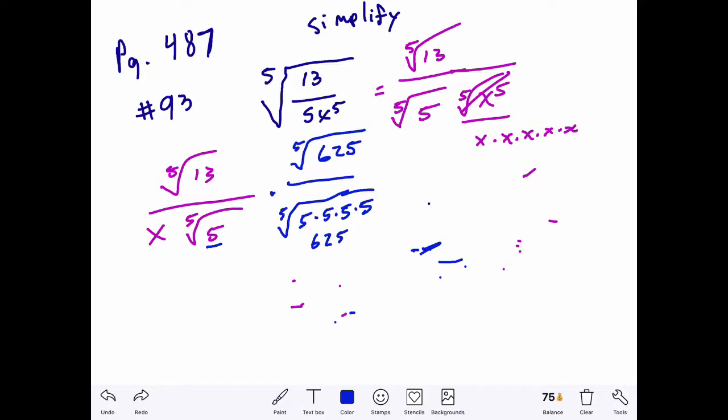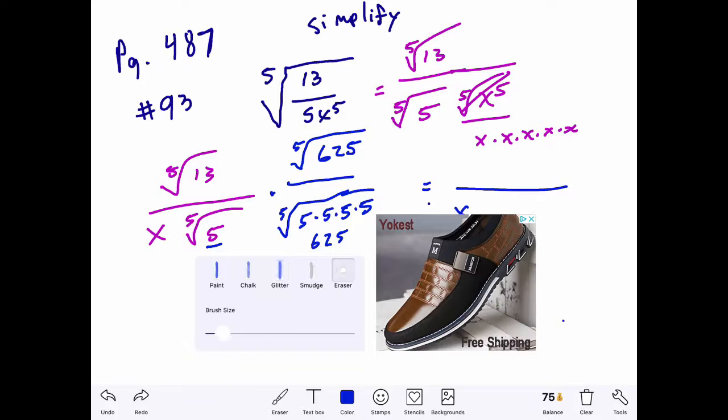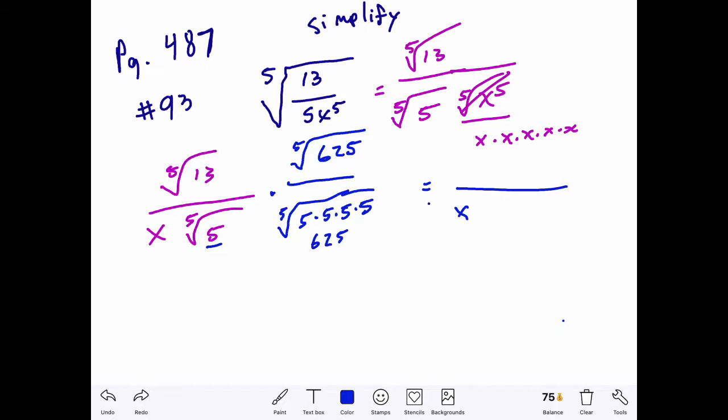Well, 625 times 5 is 3,125. So that's going to be x. Let me clean some of this up a little. x.